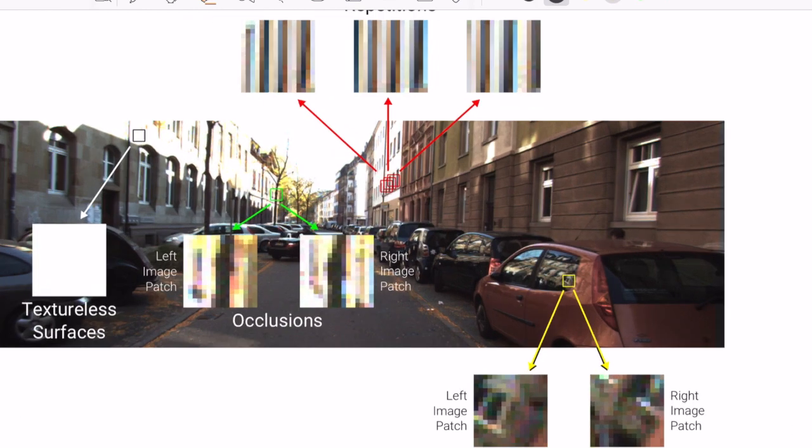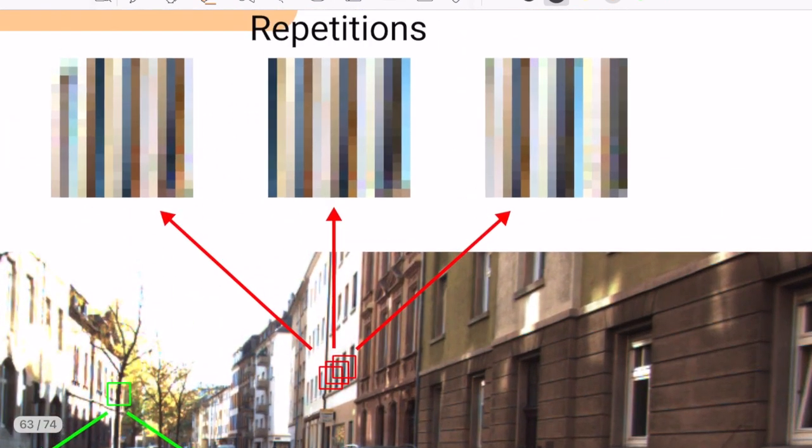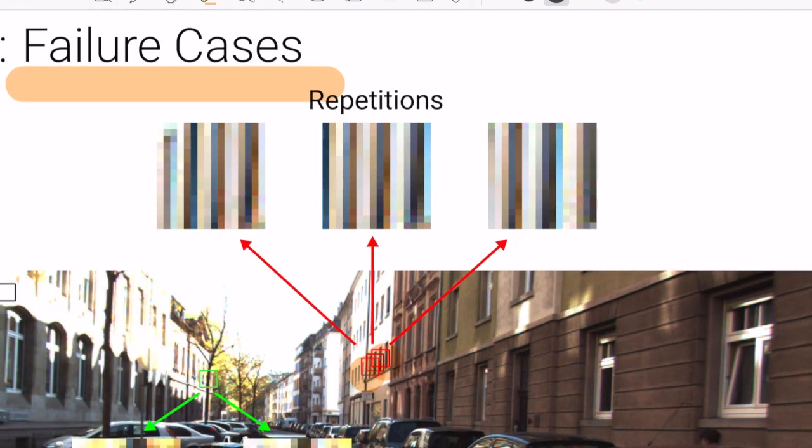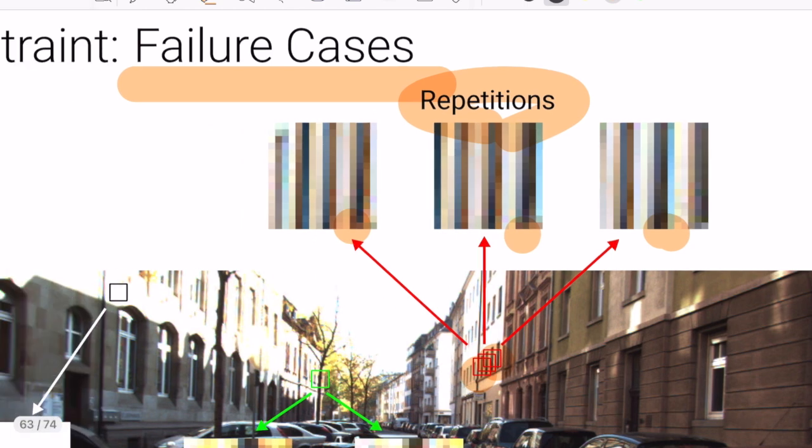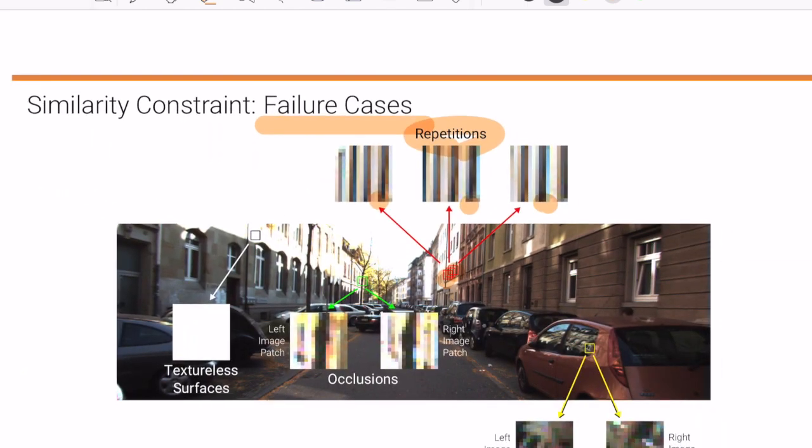So for example, even though these three patches are different patches, when you enlarge such patches, they seem similar. They look similar because these patch patterns are repeated. This is one very well-known problem.